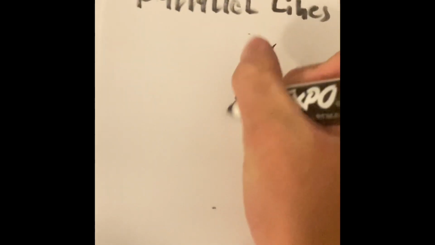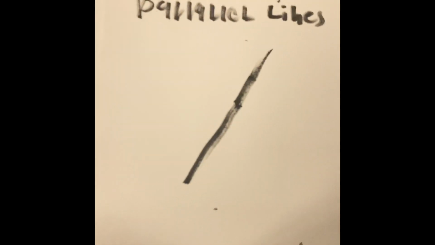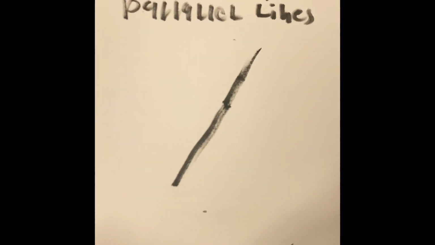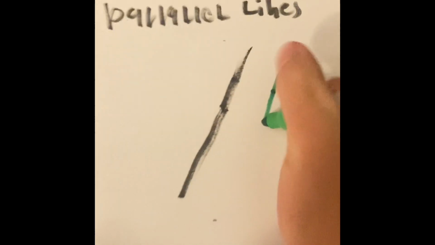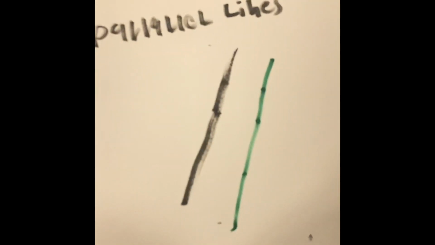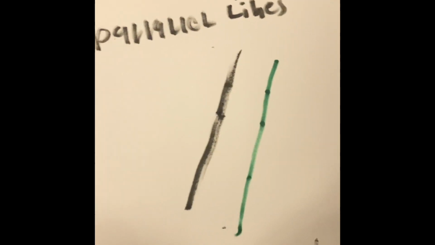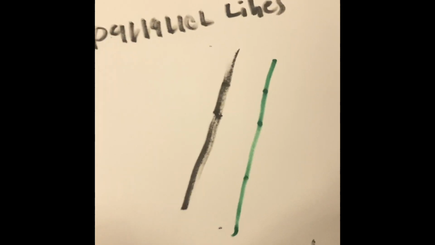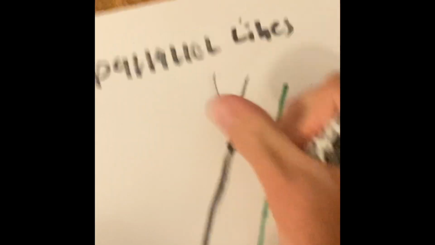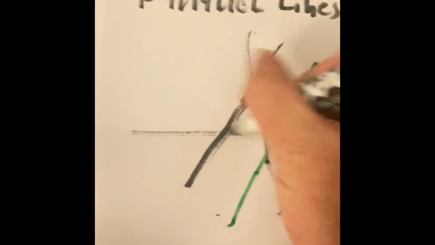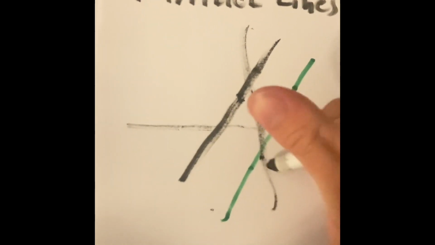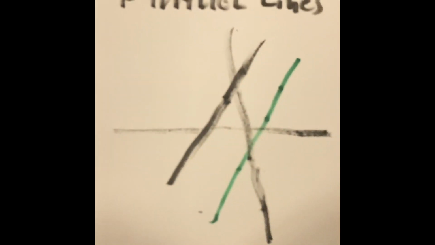So parallel lines happen when there are two lines that are the same slope on a graph. So assume that these are two slopes, and we also have a graph. And the thing about them is, they are the same slopes.